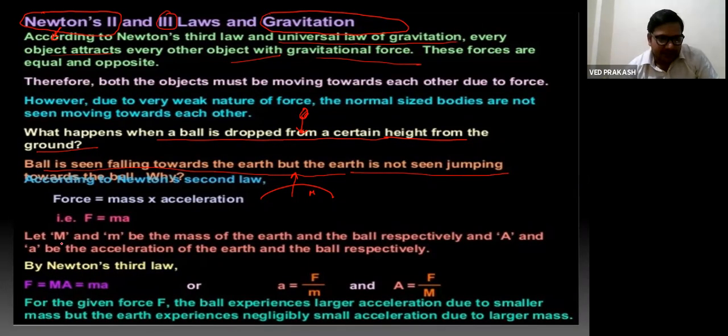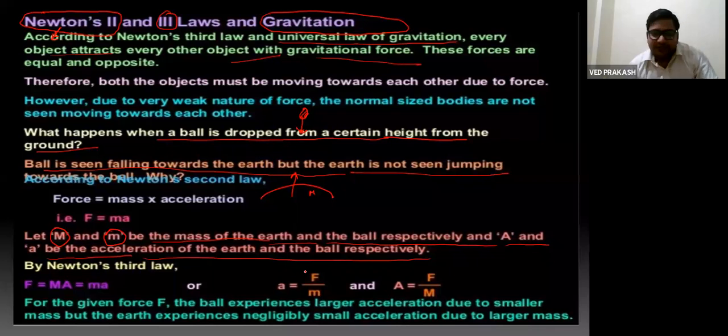Let's move here. Let capital M and small m be the masses of the earth and ball respectively, and capital A and small a be the acceleration of the earth and ball respectively. So small a is the acceleration of the ball, so it is equal to F by m. The forces in both cases are the same.